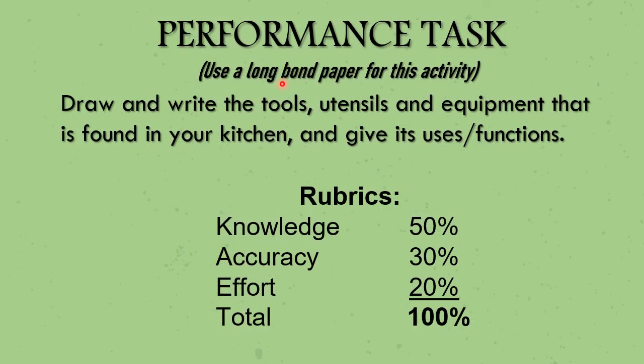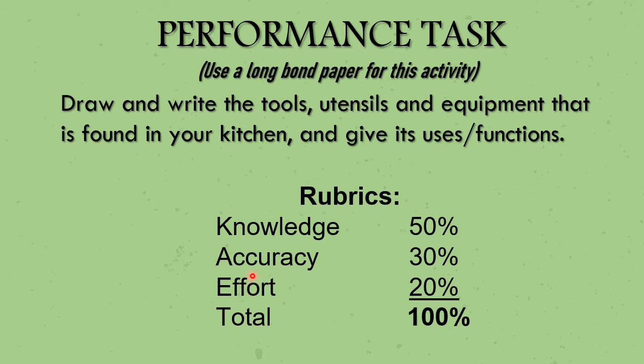Okay, for your performance task, use a long bond paper for this activity. I want you to draw and write the tools, utensils, and equipment that are found in your kitchen and give its uses and functions. Try to follow these rubrics for this activity. First is knowledge. If you convey your ideas clearly, it is equivalent to 50%.